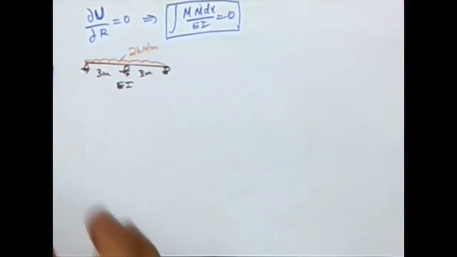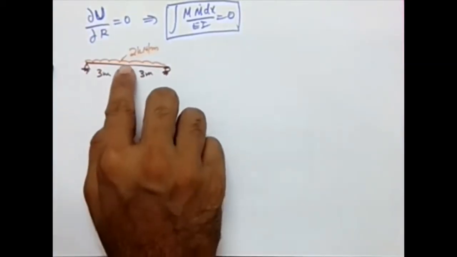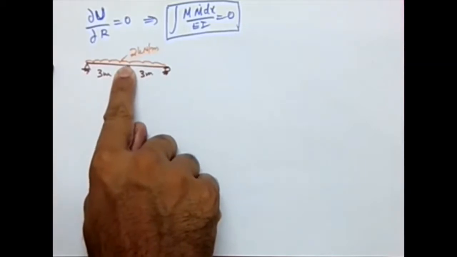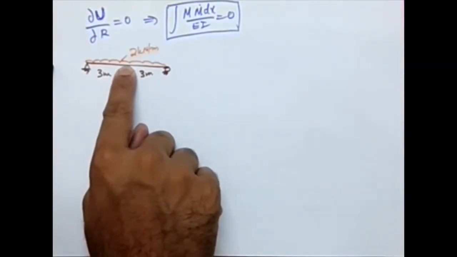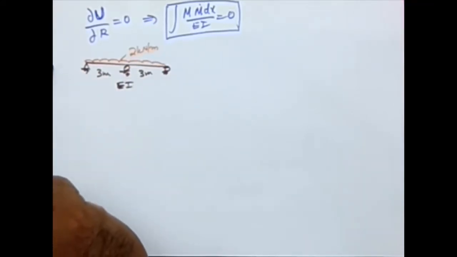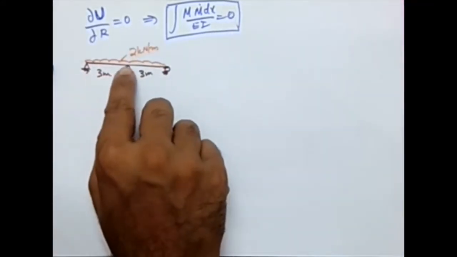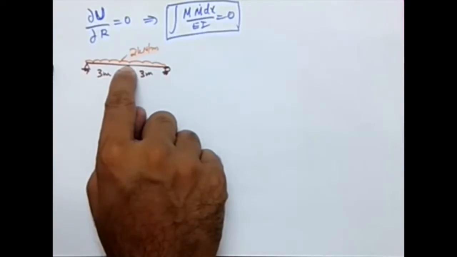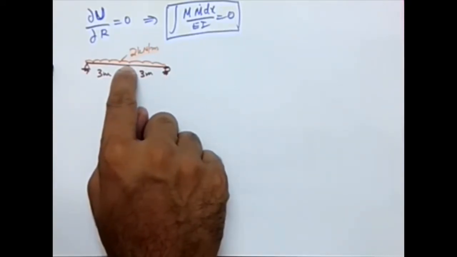So what is this continuous beam? If I have a simply supported beam and in between I provide one roller support, it becomes a continuous beam.